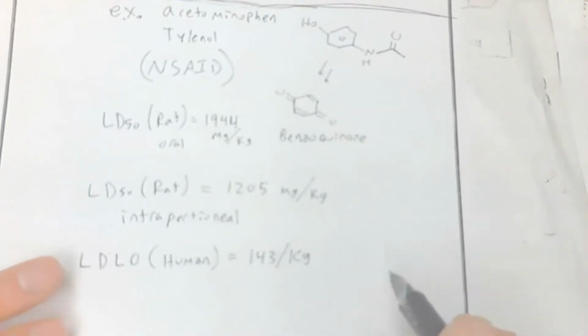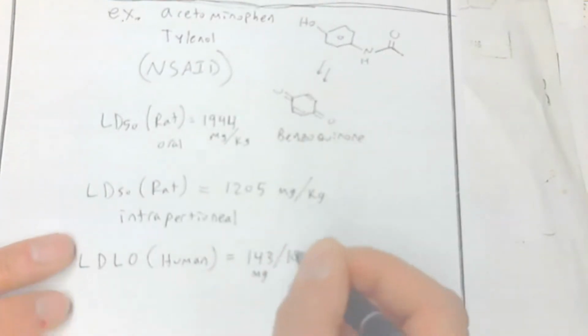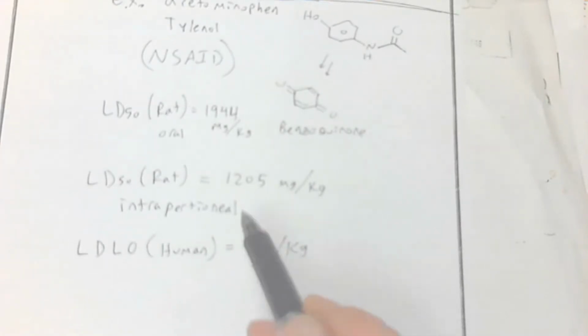Okay, so that means, across large populations of studies, 143 milligrams per kilogram would be the lowest observed dose, and it makes sense that this number would be a lot smaller. Obviously rats and humans are different, but this number is a lot smaller because it's not dealing with a 50% population.